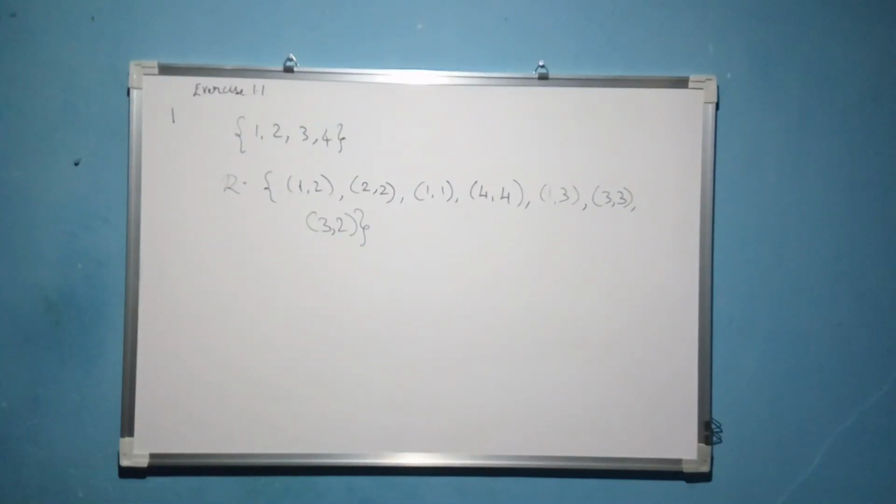These are the elements that are there in R. I'll check once more. It has (1, 2), (2, 2), (1, 1), (4, 4), (1, 3), (3, 3), and (3, 2). You need to check whether it is reflexive, symmetric, and transitive.